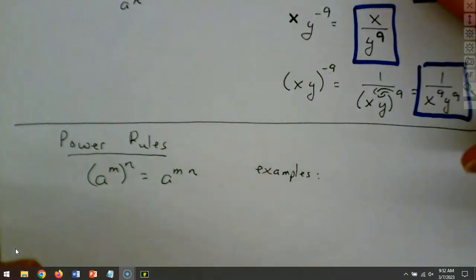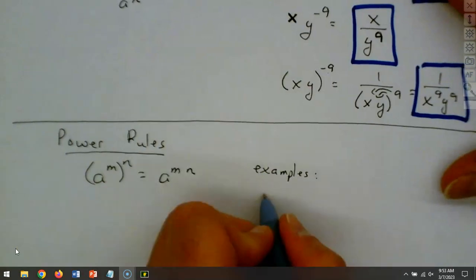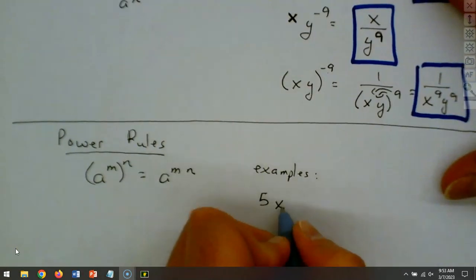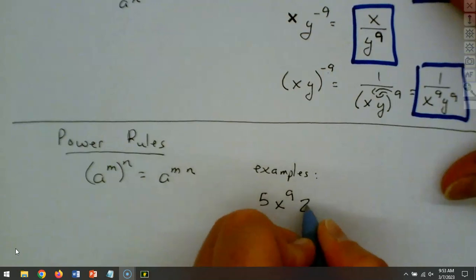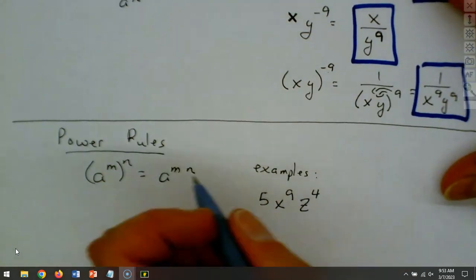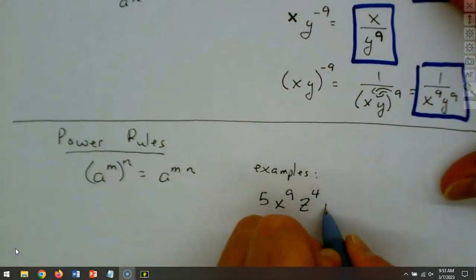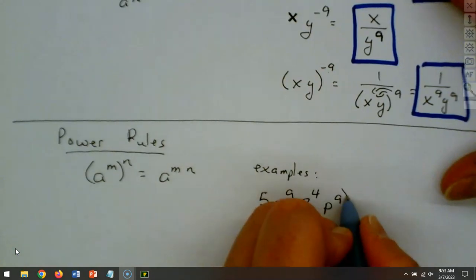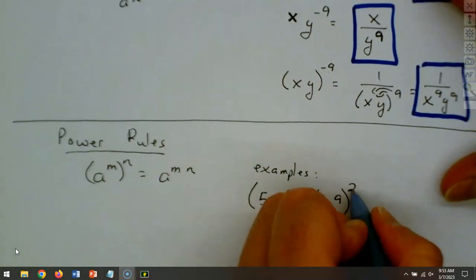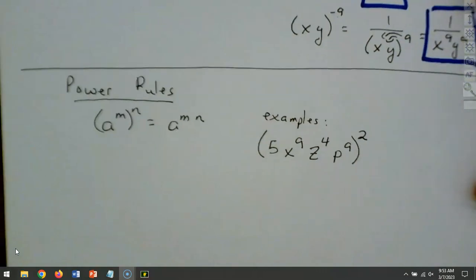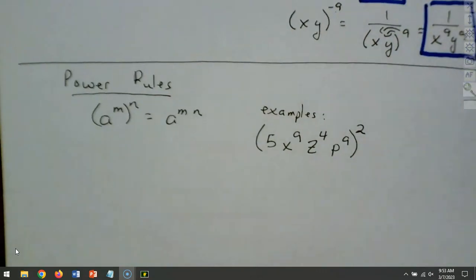You distribute it through. So let's say I give you 5x to the 9th, z to the 4th, p to the 9th, all raised to the 2nd power. So how would we handle this one?